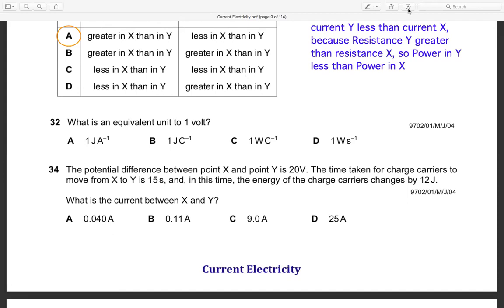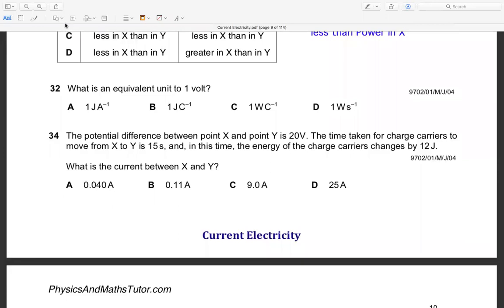Energi, volt, potensial listrik, V. V equals to work over charge.